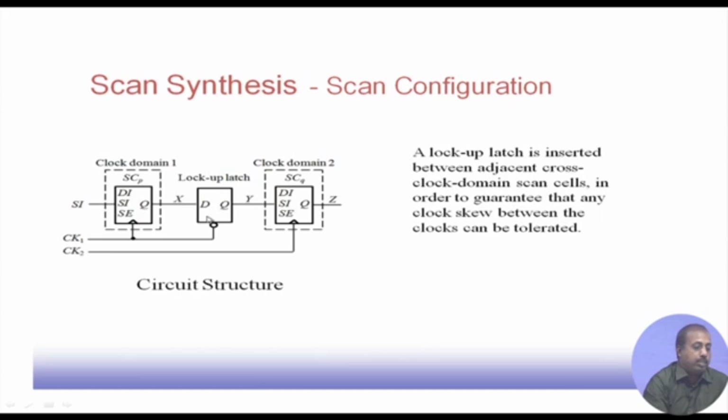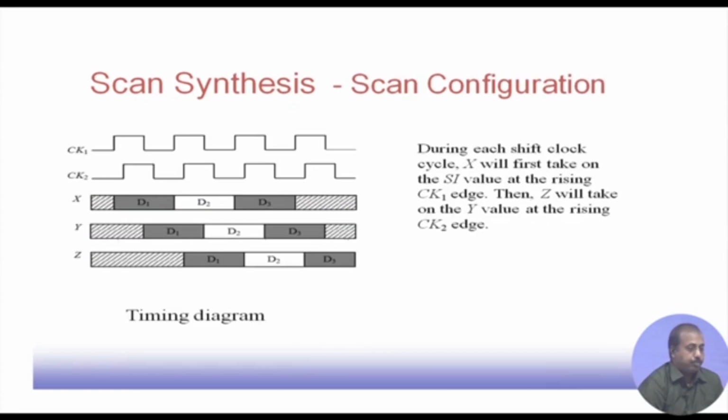This lockup latch will be inserted in between whenever we have this type of cross clock domain structure. In some earlier example we have seen that there may be data transfer between clock domains. Whenever we have that, the scan synthesis process must introduce this type of lockup latches between the domains.